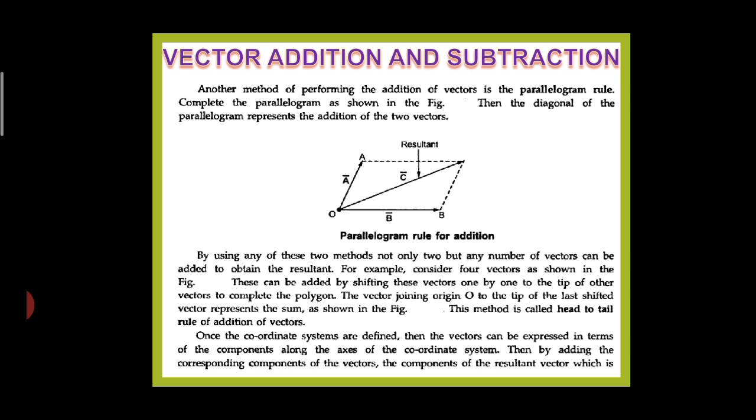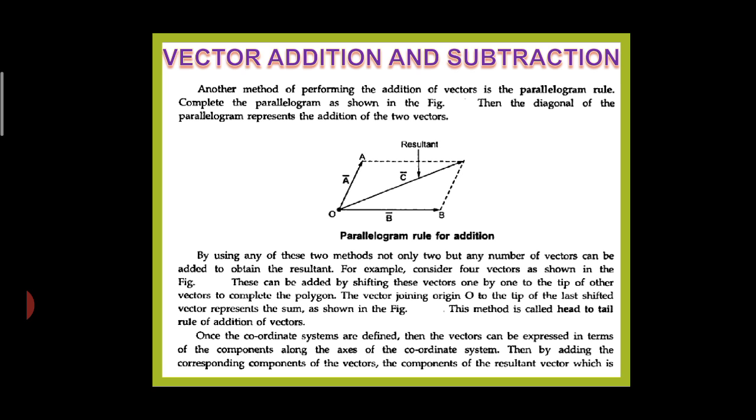For example, consider four vectors as shown in the figure. These can be added by shifting the vectors one by one to the tip of the other vectors to complete the polygon. The vector joining the origin O to the tip of the last shifted vector represents the same sum, as shown in the figure. This method is called the head to tail rule of addition of vectors.